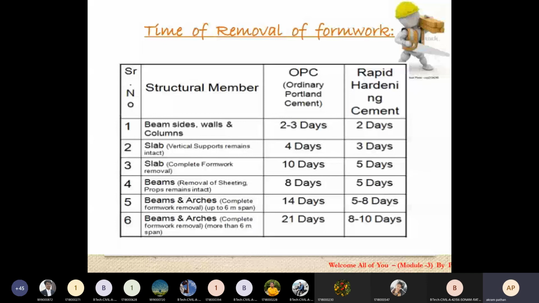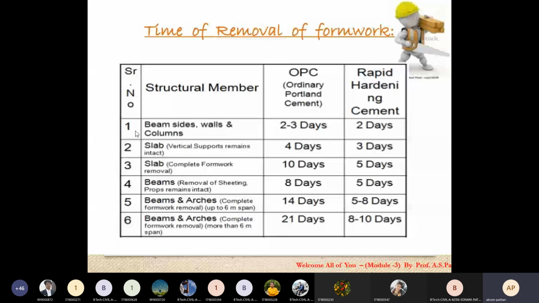We should also learn other types, for example, removing the formwork from the staircase, then the column footings, and other types of massive concrete structures, such as bridge piers, then removal of the shuttering or formwork from any type of dams, or any type of concrete work, or even the water tank, elevated service reservoir or master balance service reservoirs, any type of structures. So we should know this type of removal of the formwork.